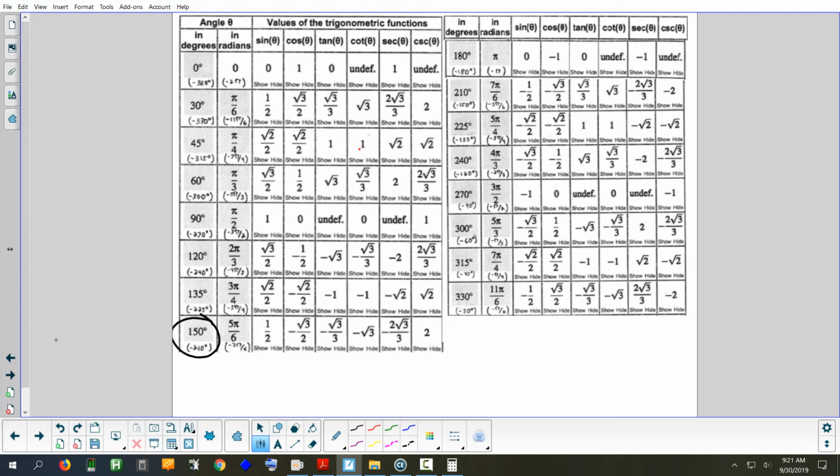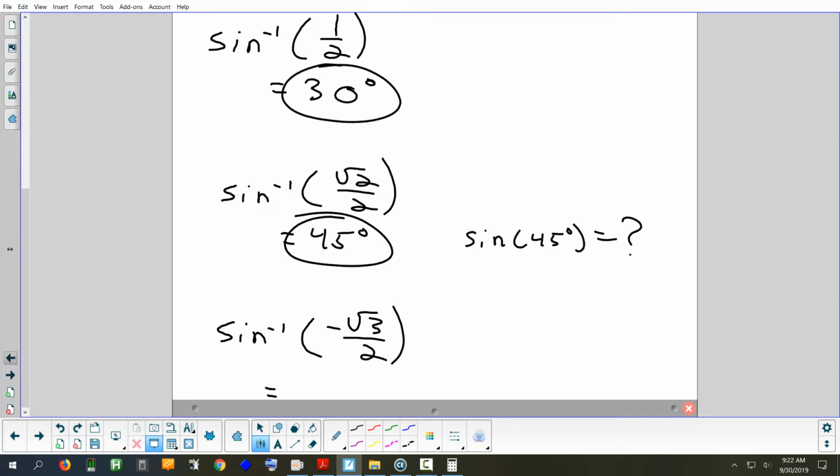Yeah, Alex? Negative 60. Yep. Negative square root 3 over 2. I see it here. And I see it there. You gotta also make sure once we start doing other functions that you're looking at the right column. Okay, but those are both correct. Negative 60 is the one we want. Okay. Any questions on that?